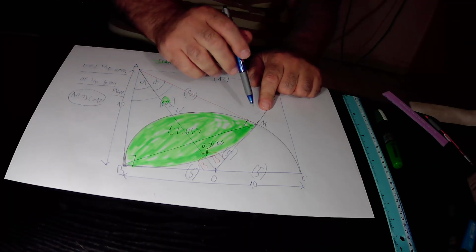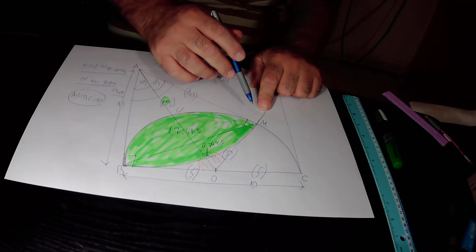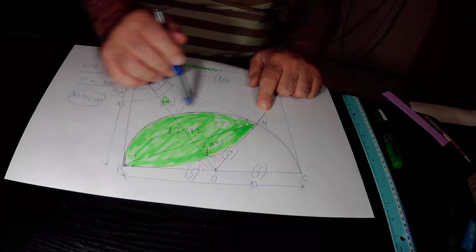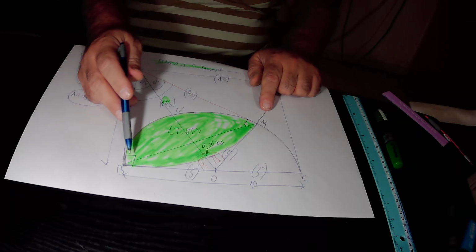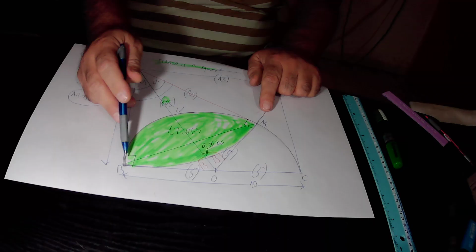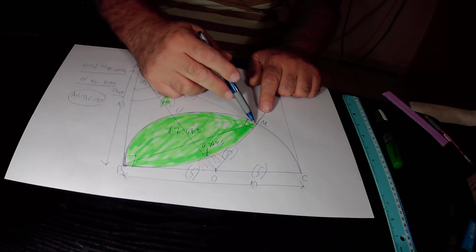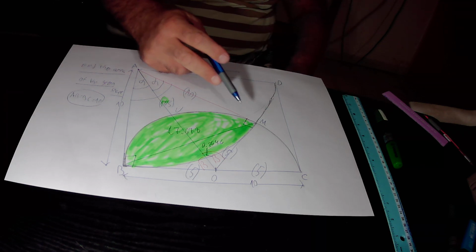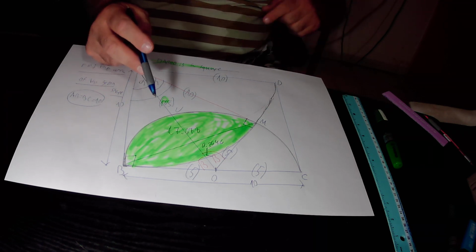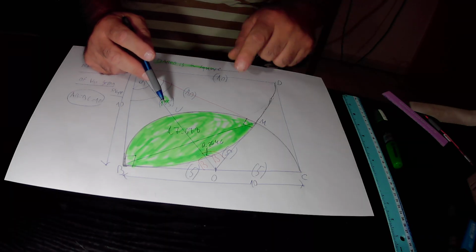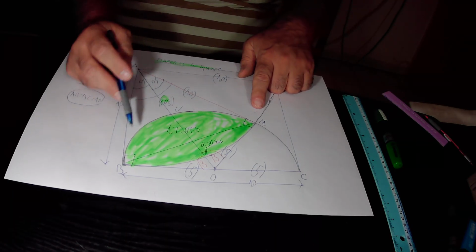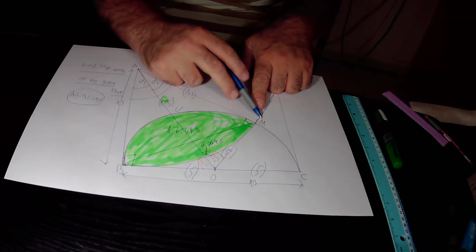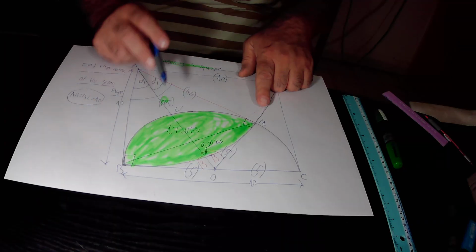We have the upper part, this is segment BUM, and the second part, the lower part, this is the lower segment MLB.